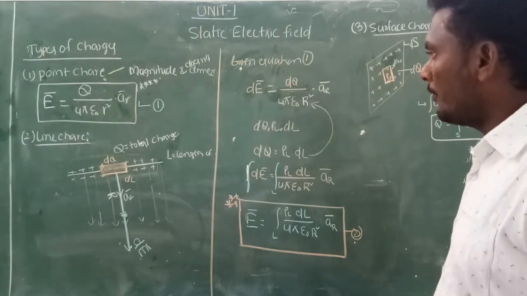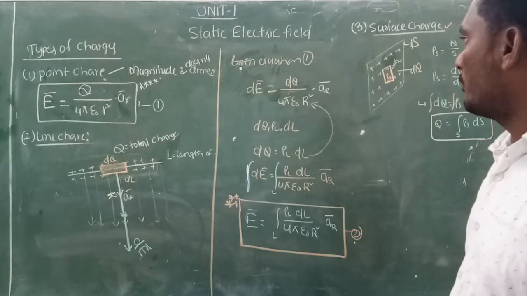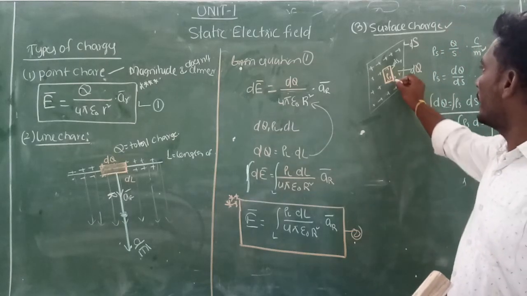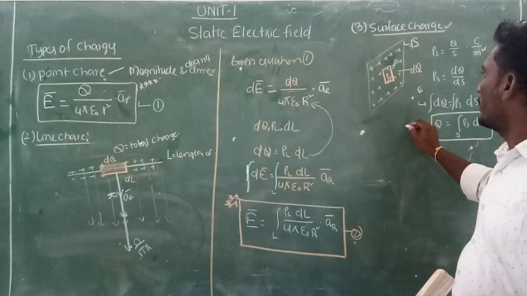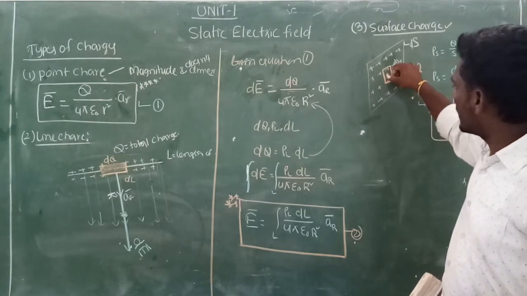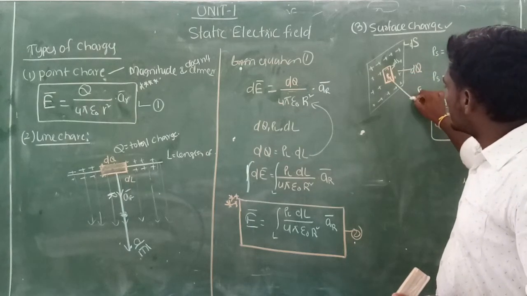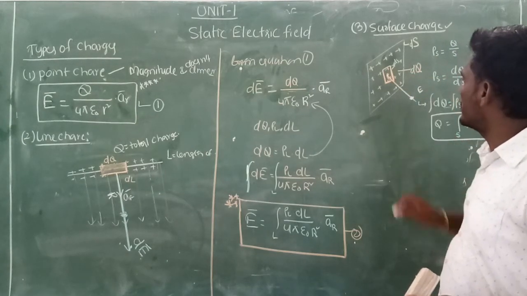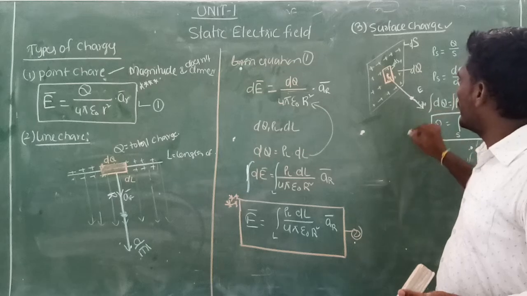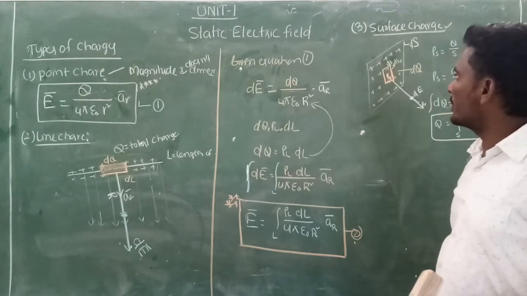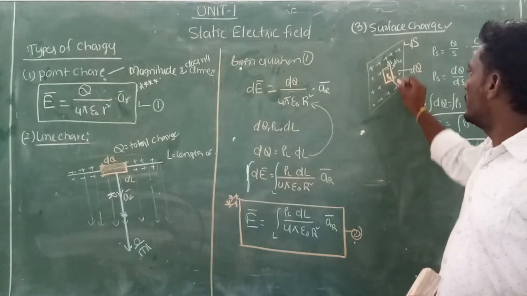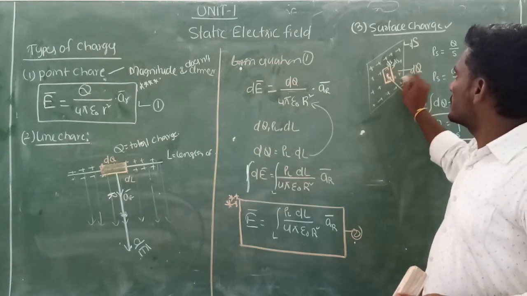Now we have one more concept here, which is to calculate the electric field intensity. Suppose a point is here where you require to calculate the electric field intensity due to the surface charge. Okay, this is my point, this is my charge where I require to calculate the electric field intensity. Here we have considered ds bar, the differential surface area. So on the differential surface area, what is the charge? It is dq.